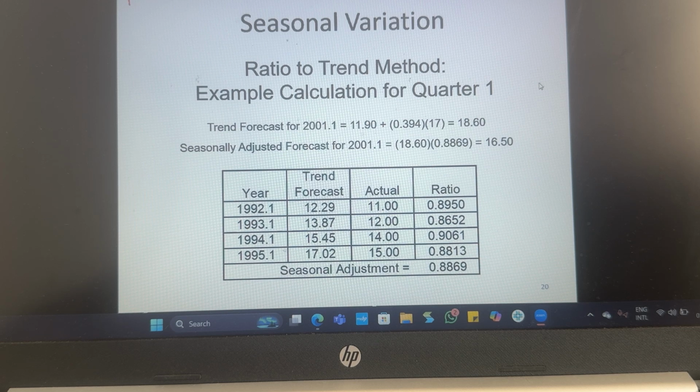Find the seasonally adjusted trend forecasted value for 2006 first quarter. You got my question? You have to find the seasonally adjusted trend forecasted value for the period of 2006 first quarter. Do it now.